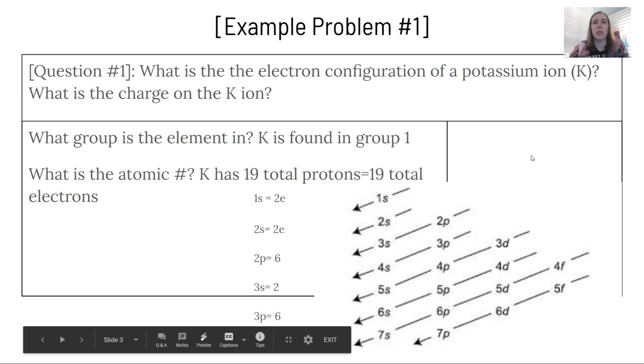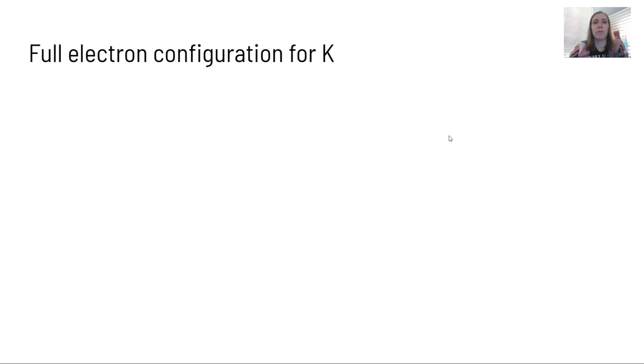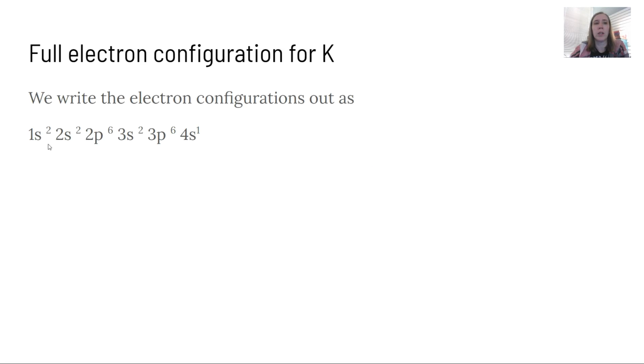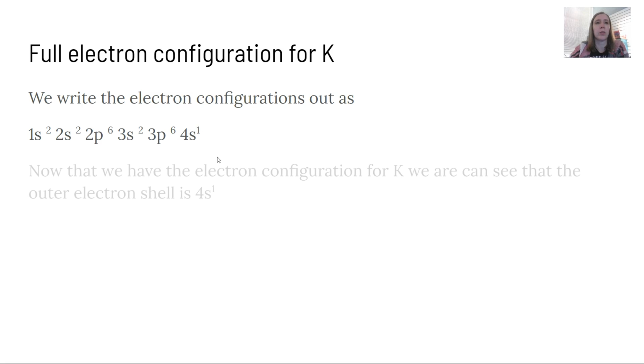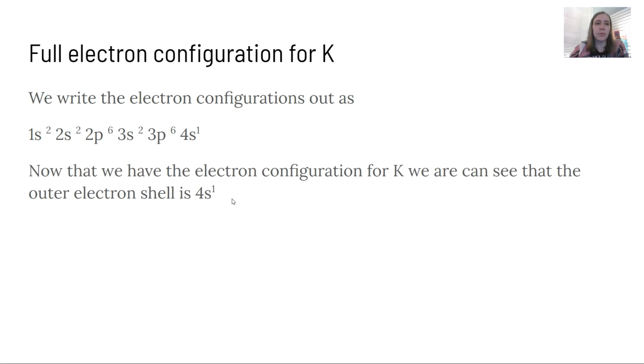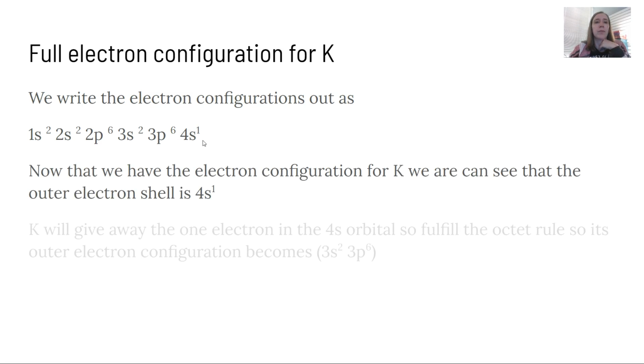So the full electron configuration for potassium is written out as 1s2, 2s2, 2p6, 3s2, 3p6, 4s1. It has 1 valence electron, 1 electron in the outermost shell. The highest step, the highest energy level here for potassium, is 4s.